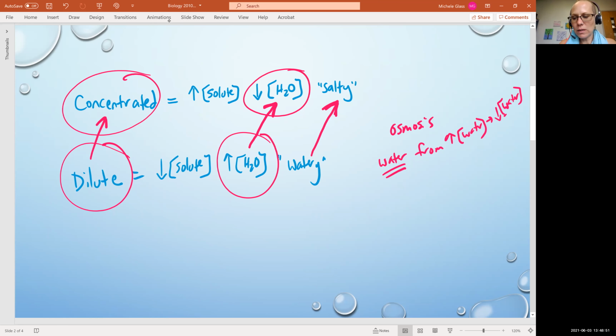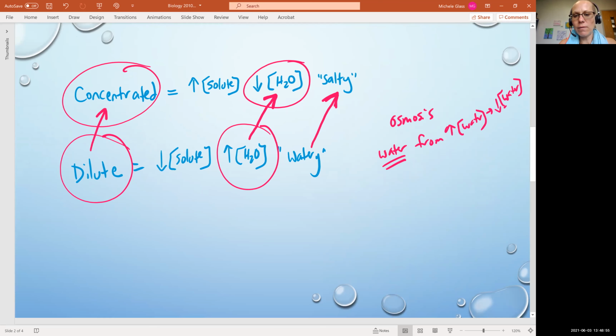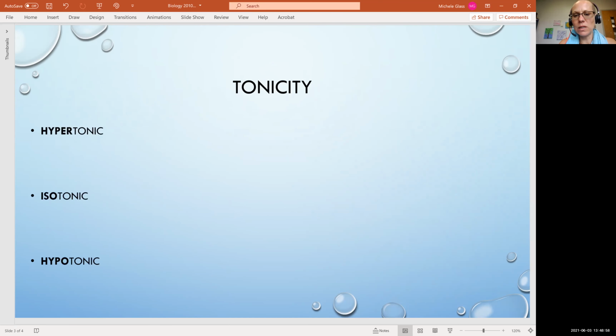Okay, so let's take a look at some specific terminology. We have this term next, which is called tonicity. And tonicity is a comparison term. It's talking about the solute concentration in the ECF compared to the solute concentration in the ICF.